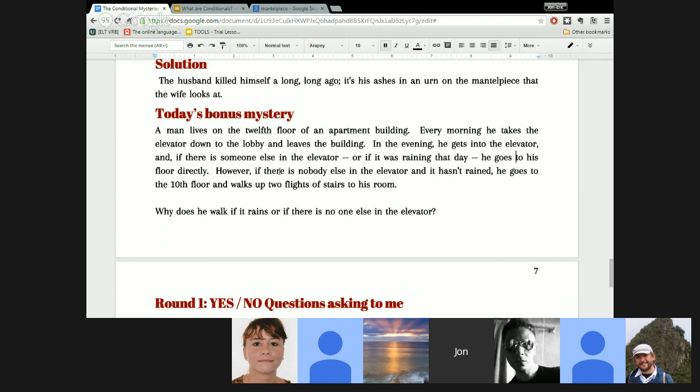However, if there is nobody else in the elevator and it hasn't rained, he goes to the 10th floor and walks up 2 flights of stairs to his room. Okay, everything's good. So, he's not under surveillance.